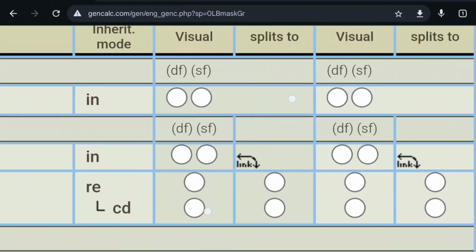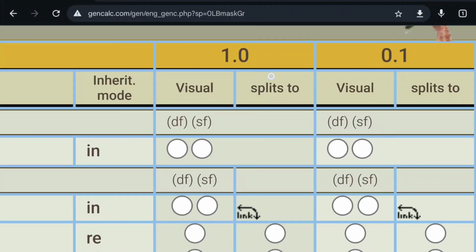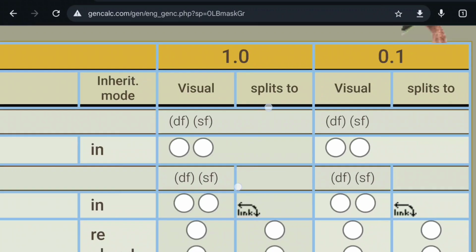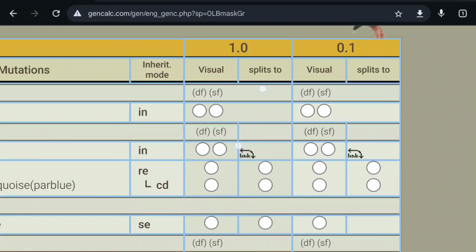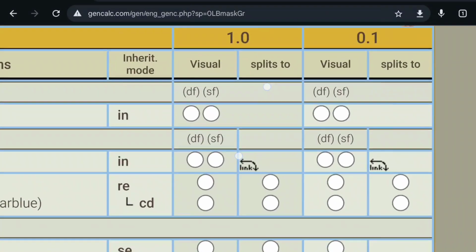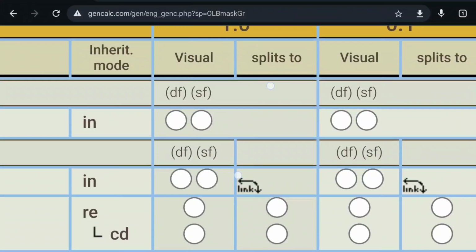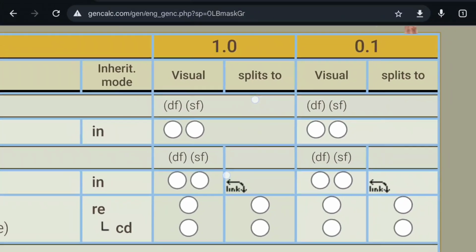Again, there is something called visuals and something called splits too. Visuals means how your bird looks externally, the morphology of your bird.